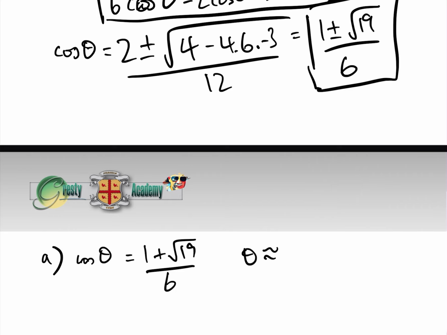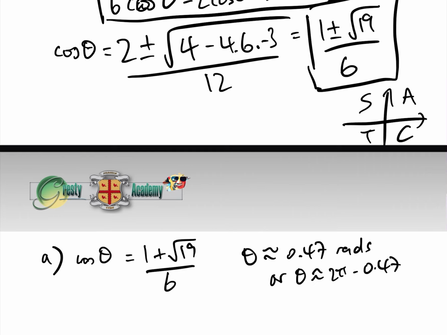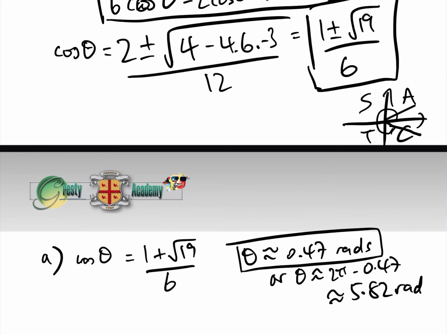That gives us theta approximately 0.47 radians, or theta approximately 2 pi minus 0.47 radians, which is the one going all the way around there, approximately 5.82 radians. So there are our first 2 answers: theta approximately 0.47 radians, or theta approximately 5.82 radians.